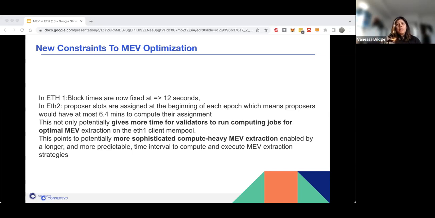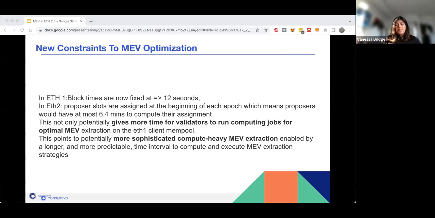You know that with some variation, every 12 seconds a new block gets created and transactions get added. But in Eth2 it's a bit more complex, and you have allocated times for when you can propose your transactions for the slots. And so you have 6.4 minutes between the time you know that a block is going to get created in Eth2.